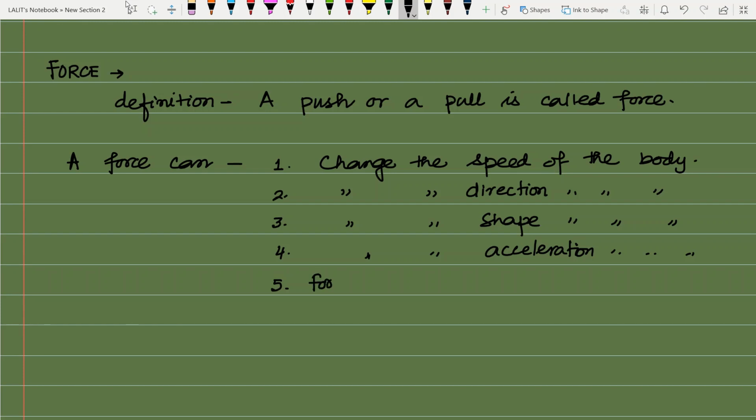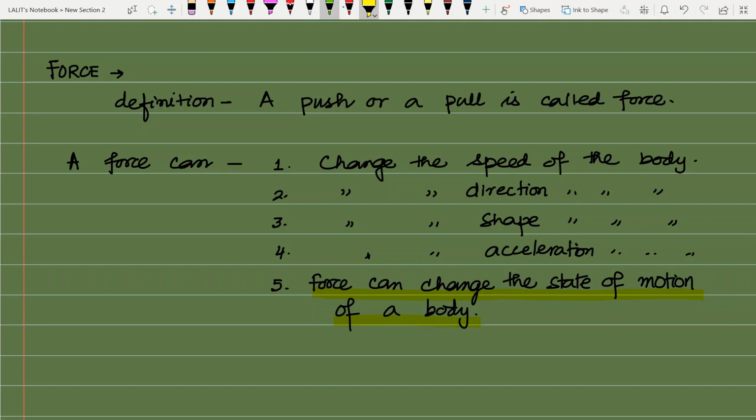A force can change the state of motion of a body. Now, point number 5 says a force can change the state of motion of a body.